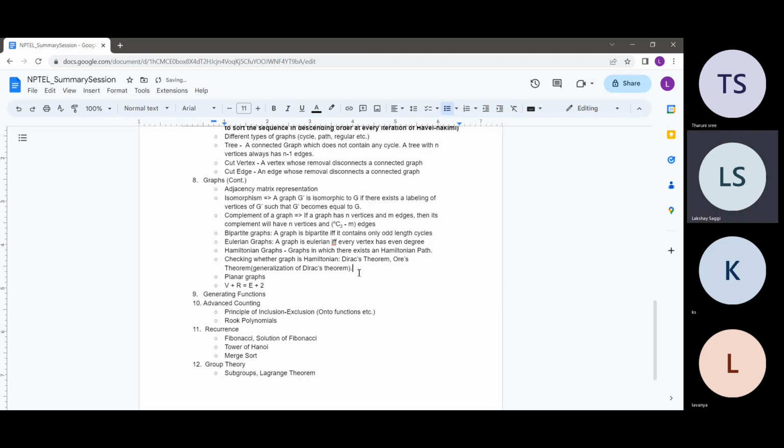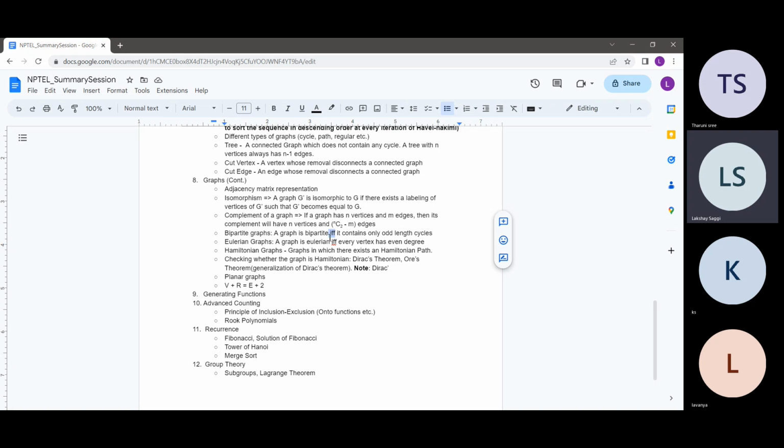But one thing to note here is that for Eulerian graphs, we had this if and only if condition, right? Similarly, for bipartite graphs, we had an if and only if condition.